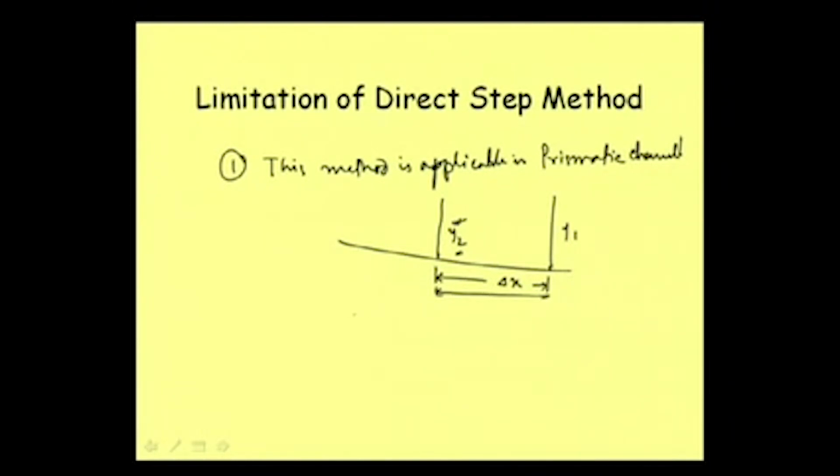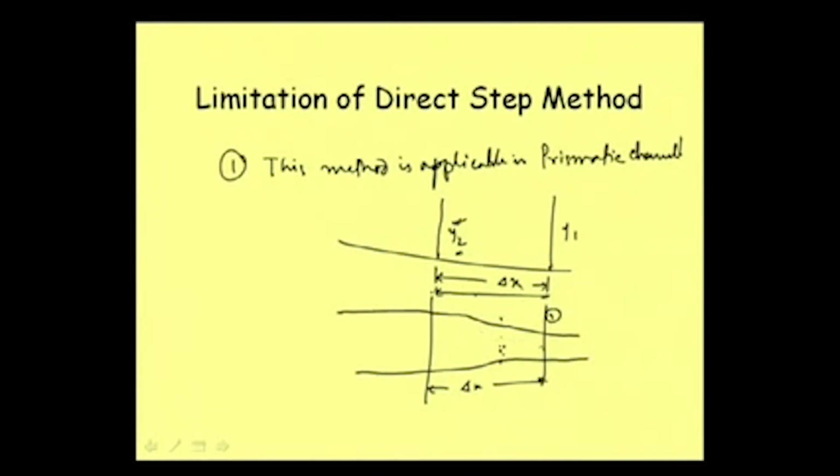Now, it may happen that the plan view of the channel is like this. When we have, say, y1 at this section 1, and then we took y2, because we do not know, we thought that y2 may be somewhere here, and that is why we thought that this part is more or less prismatic. Thinking in that line, we took the y2 value and started computing the delta x. But when we finally computed the value of delta x, we find that delta x is coming here, and we do not have any control on that.